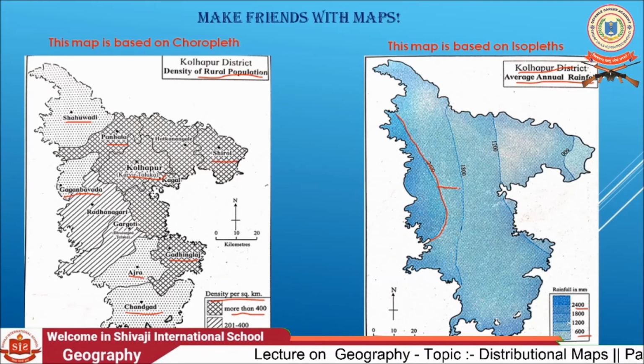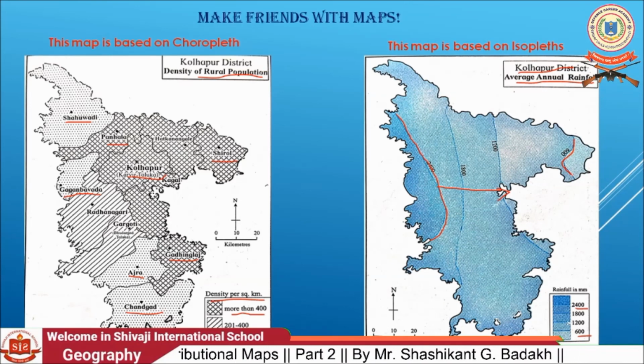As we go eastward, from west to east, the rainfall decreases. See here, students, the eastern parts of the Kolhapur district have only 600 millimeter rainfall.